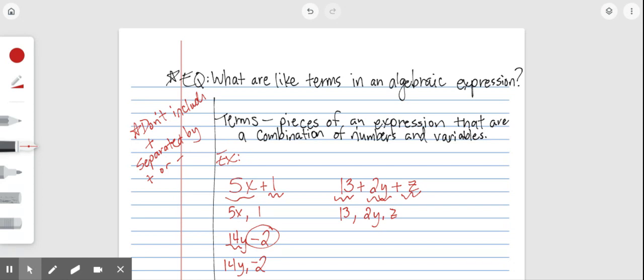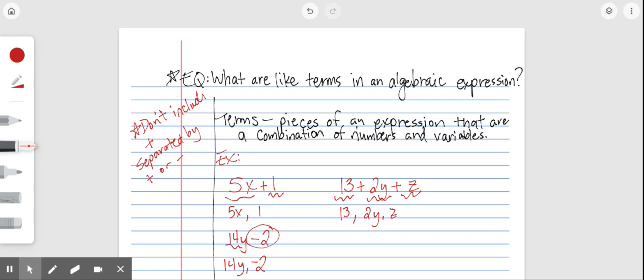So that is an important distinction. Whenever I have the addition sign or the plus sign, I don't have to include that in each term because I automatically assume that they're positive. But when I have a minus sign or a subtraction sign, that makes that term become negative. So I have to include that minus.